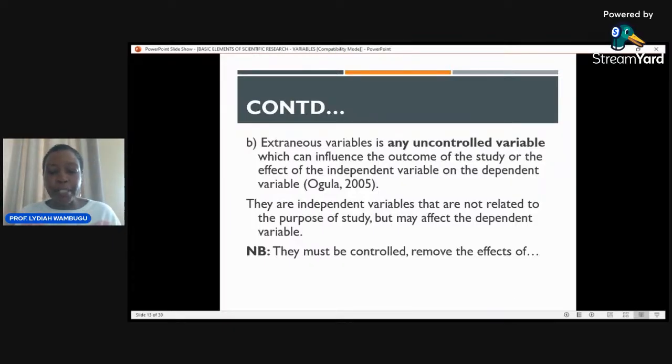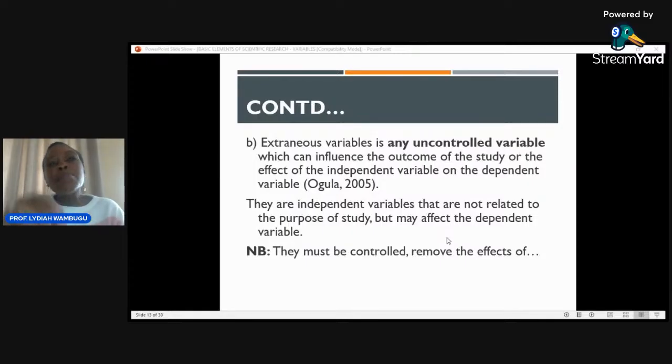I'll use the same example of teaching, doing a study in Nairobi. When I want to study performance of pupils or students in Nairobi County, and I realize that the type of school is a variable that will affect my study, then what do I do?